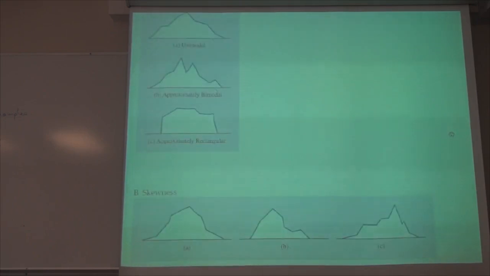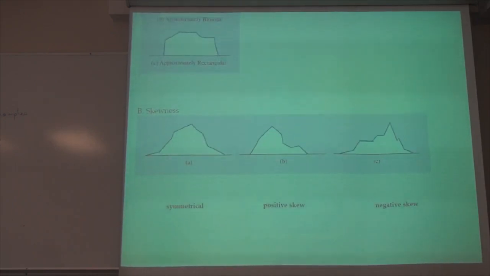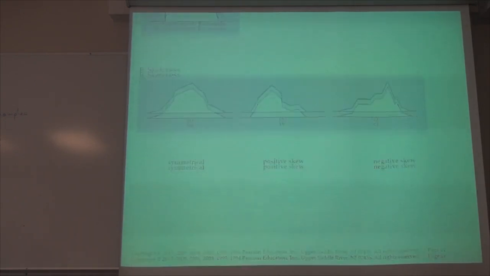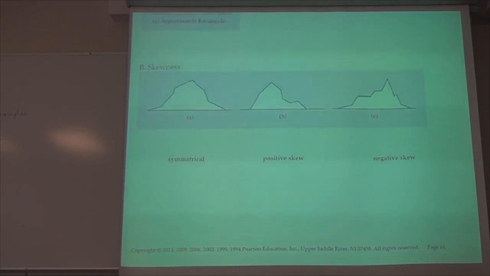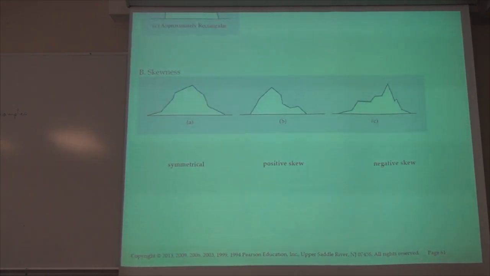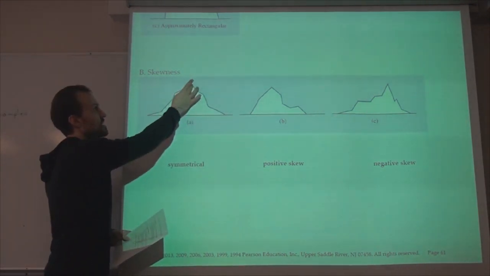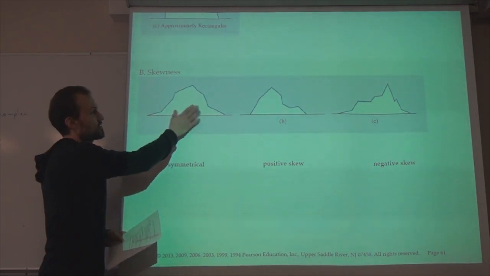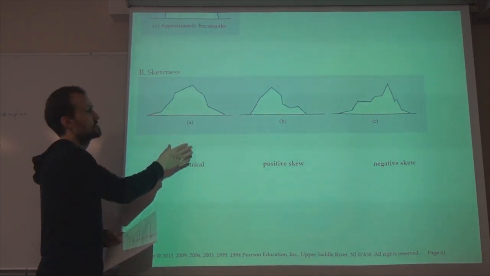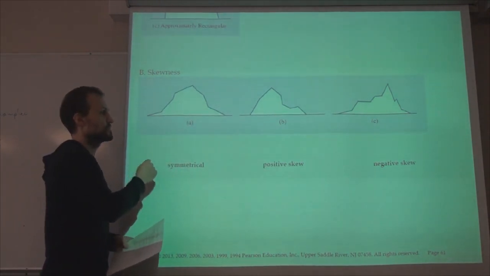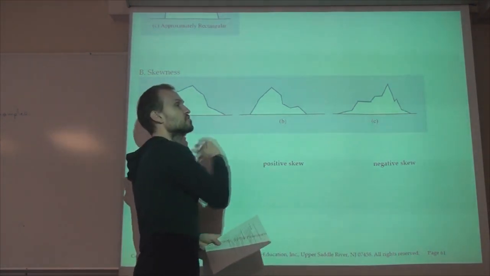Okay, the next one is the idea of skewness. Is the distribution, or the profile, sort of nice and centered, at its highest peak at the center, symmetrical, or is it sort of shifted to one side?